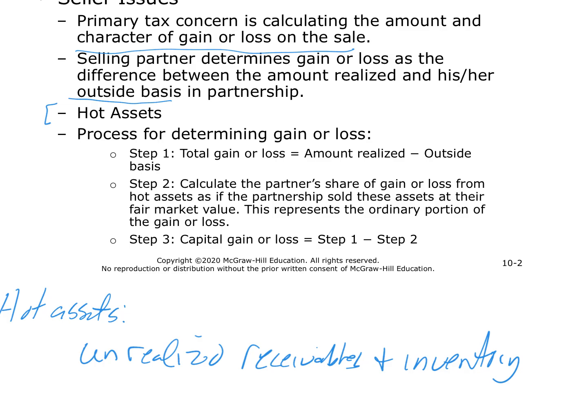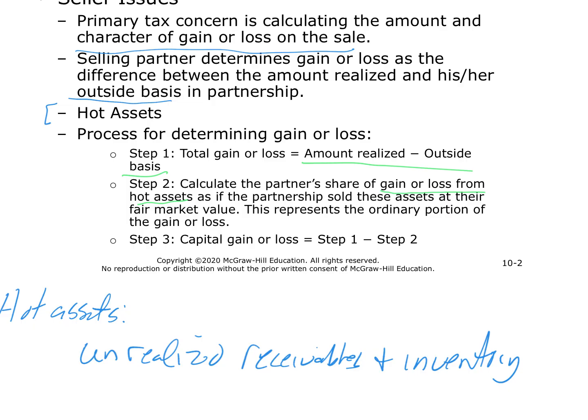Okay, and so it's really a three-step process because you have to determine the amount of the gain or loss as well as the character. Okay, and so the amount of the gain or loss comes here, and this is your basic gain or loss calculation. It's the amount realized minus their outside basis. Okay, then you have to figure out their share of gain or loss from hot assets.